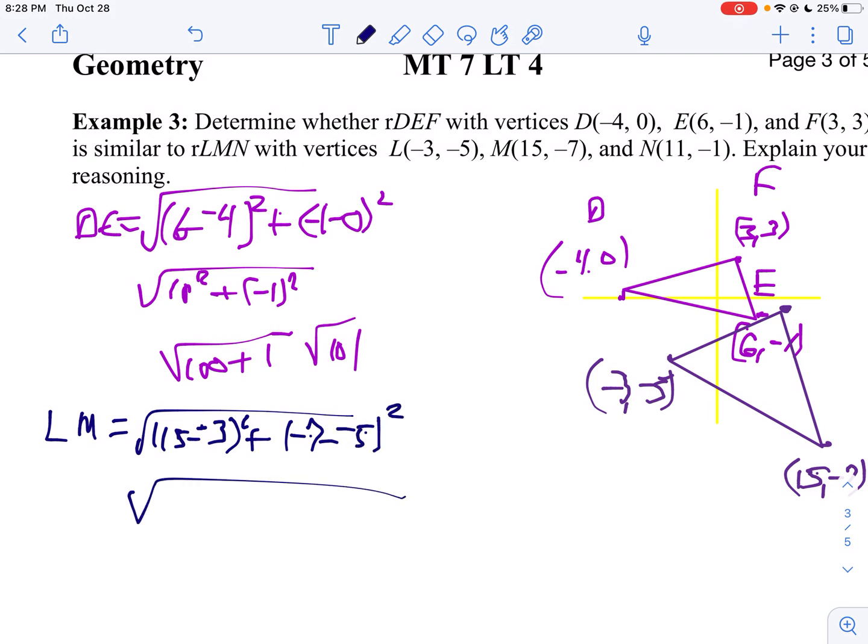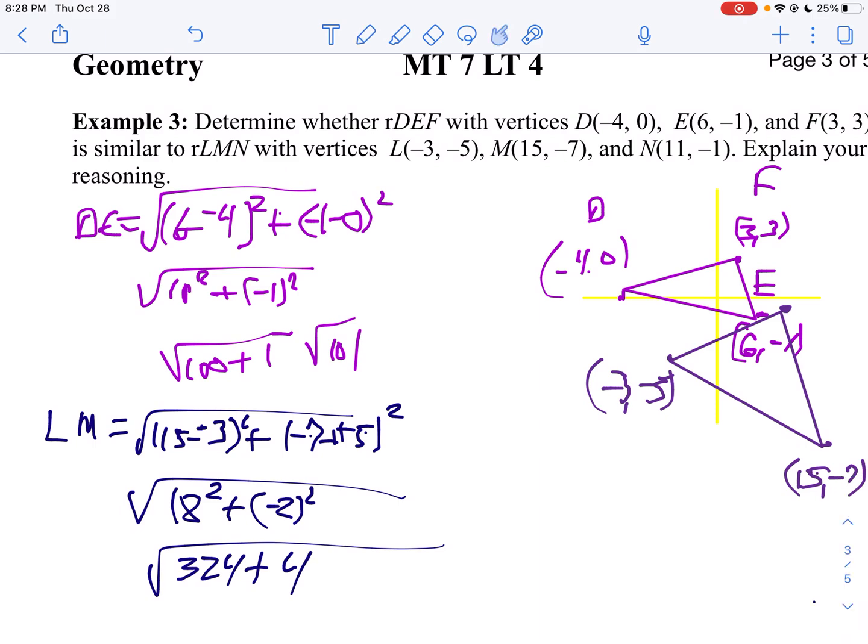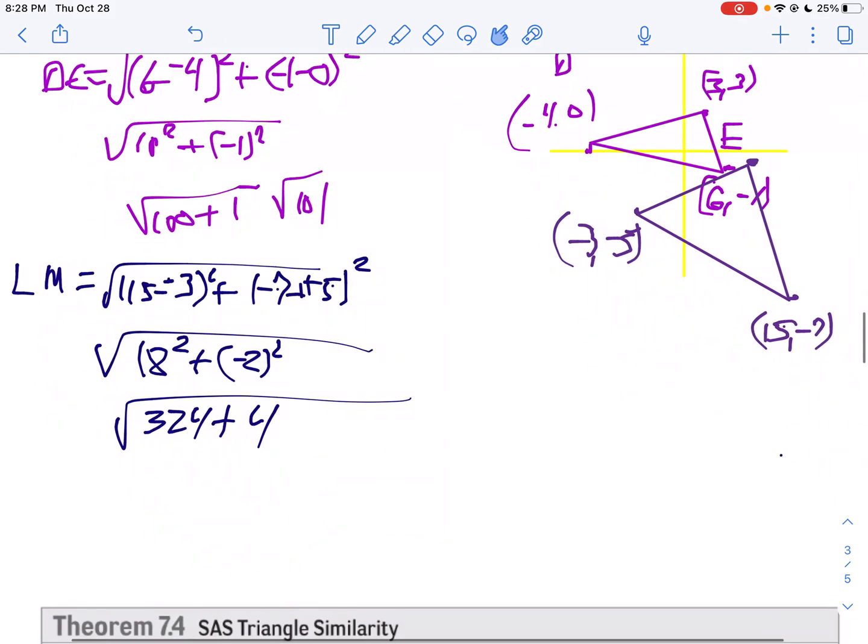So 15 minus a negative 3, that would be 18 squared. Negative 7 minus a negative 5 would be negative 2 squared. Well, 18 squared is 324, and negative 2 squared is 4. Remember, when you square a negative, it always is a positive because a negative times a negative is a positive.